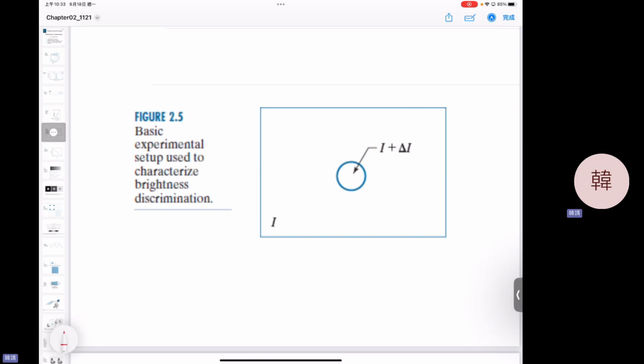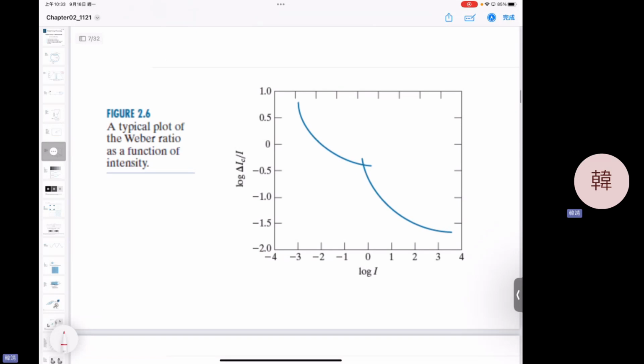What's the result? Can you understand the experiment? We try to evaluate your eye and how you adapt to different intensity levels in the environment.